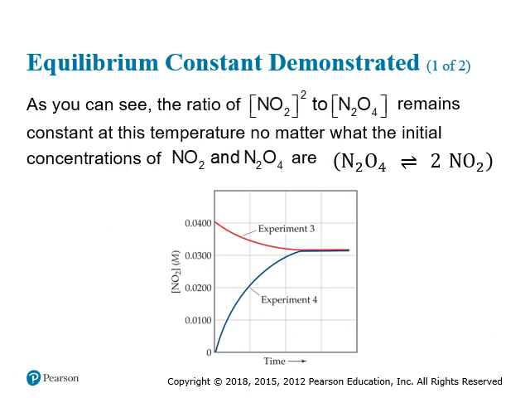Now let's revisit our original equilibrium reaction system that involved dinitrogen tetroxide and nitrogen dioxide. A series of experiments were performed in which we dealt with initial concentrations of NO2 and N2O4 in varying amounts.